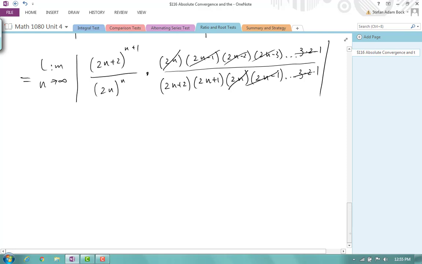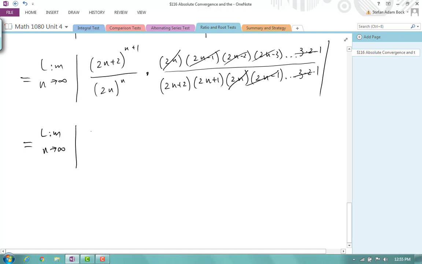Now we can turn our attention to these n to the n like things. And in fact, I could technically factor out a 2 out of each of those, so I kind of regret multiplying that out. But this is 2 times n plus 1, all raised to the n plus 1 power.